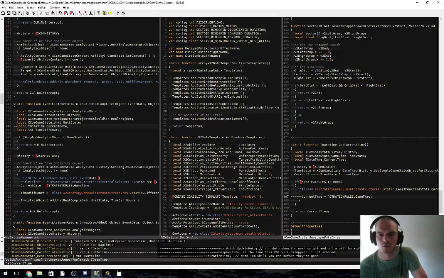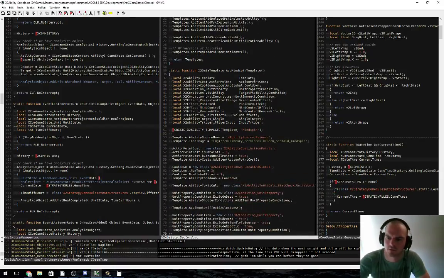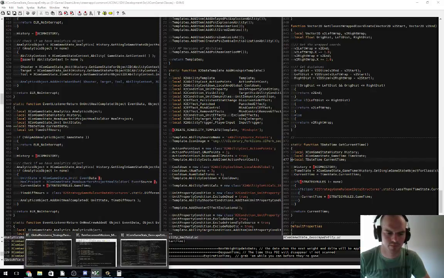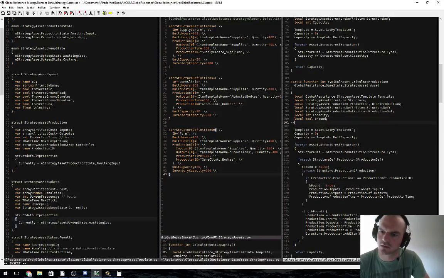Okay, so in this case, I want to get game time. So strategy rules game time. What it looks like it does there is some caching, but if it doesn't have the right thing, then it goes and gets it. Alright, so we want to get local time, or we can just apply it. We can just say, this needs something done with it right away. Which is essentially what we're saying.